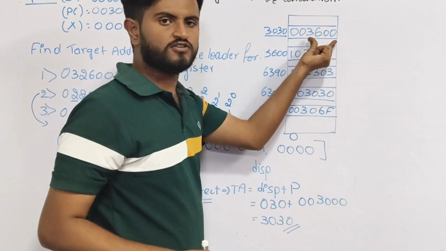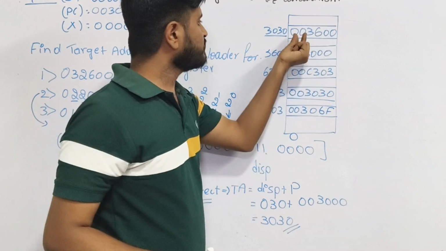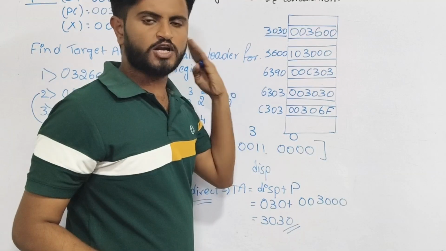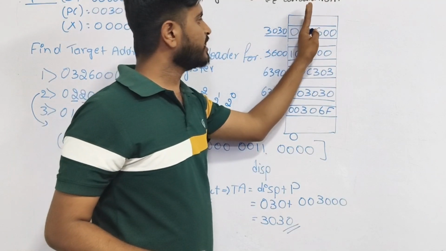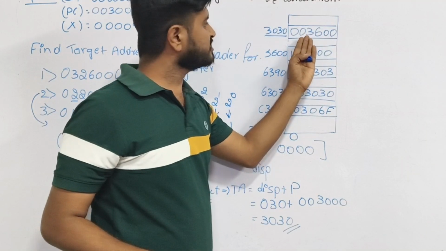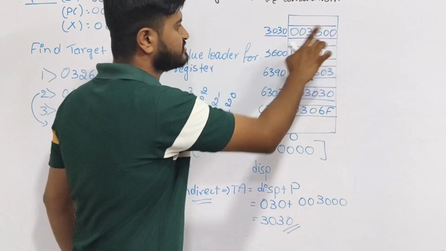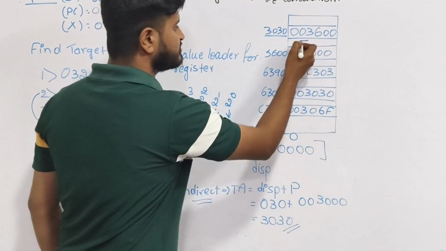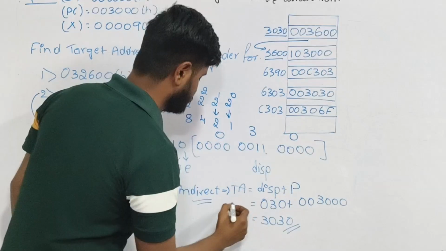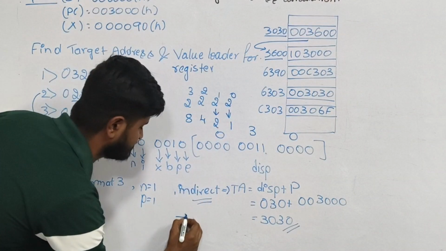That is, 3600 is the valid number, because the zeros before a non-zero element will not be considered; only the zeros after the non-zero digit will be considered. So 3600. Search for 3600. 3600 is here.